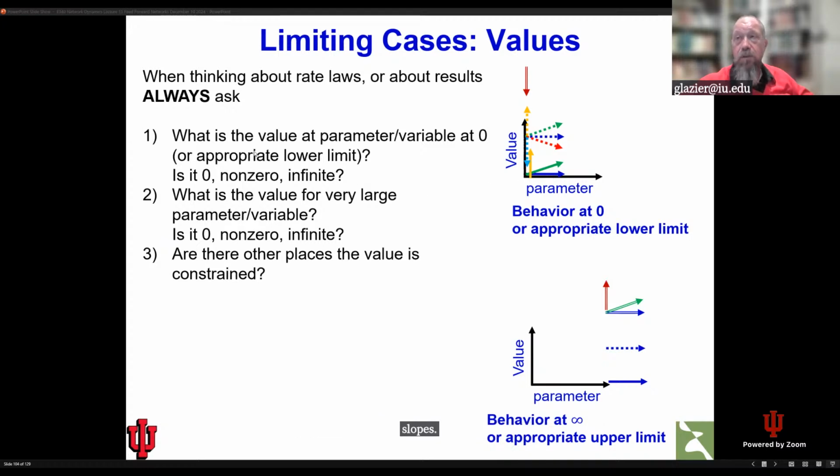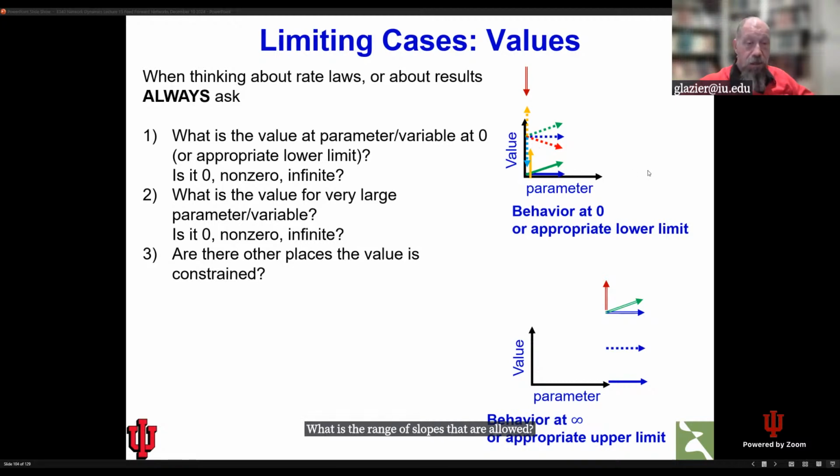And so what we should say is always when we're looking at these things, first look at what happens at the appropriate lower limit, zero usually, could be something else. And ask the question, is the value zero or finite? If the value is zero or finite, potentially infinite, could be decreasing infinity, what is the range of slopes that are allowed?